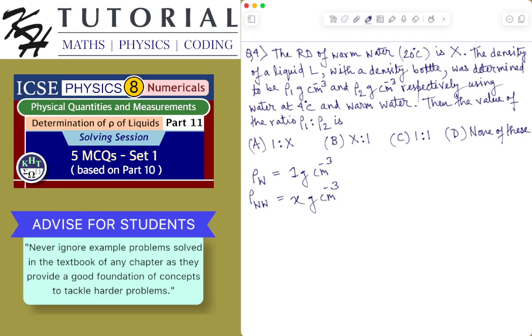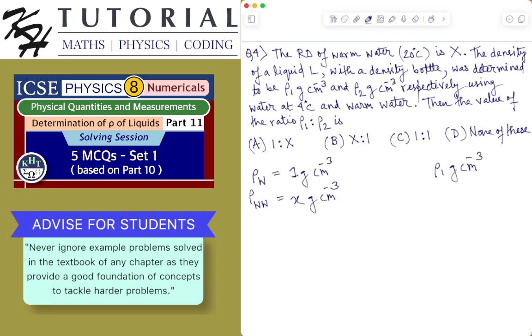Now, when the density of the liquid L was determined using water at 4 degrees centigrade, the density of the liquid was rho 1 gram per centimeter cube.